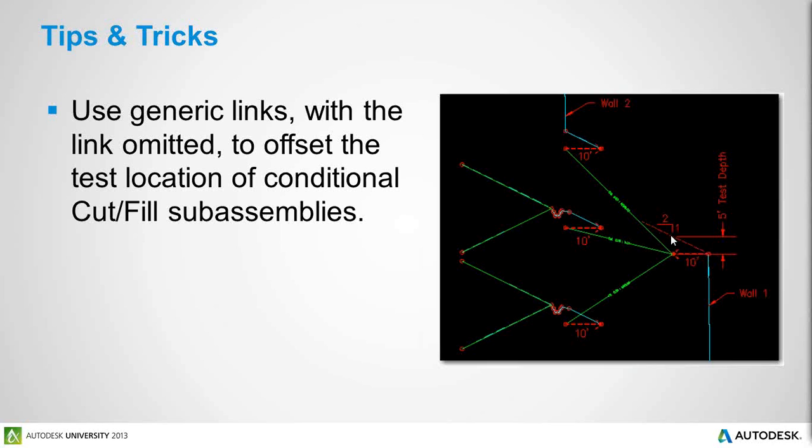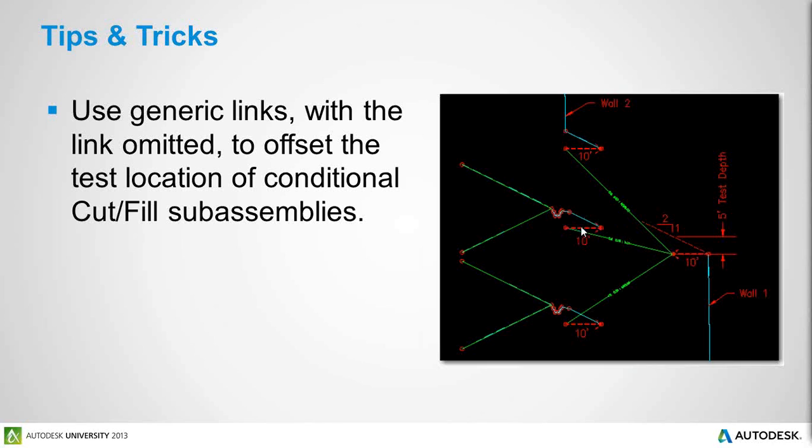Well, since I can't tell my conditional subassembly to look at a 2-to-1 slope, what we're going to do is we're going to offset over 10 feet. Then we're going to do our 3 conditional tests. And then at the end of that, say we meet this condition here, we'll use another assembly to offset it back 10 foot, and then we'll continue on with the model. So we're going to offset over 10 foot and then go back 10 foot.